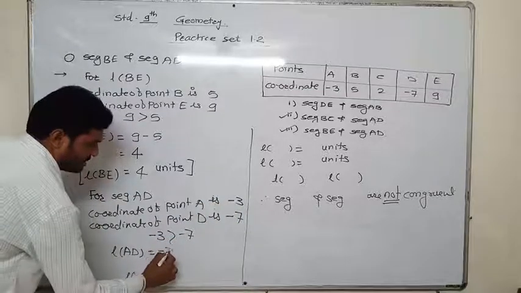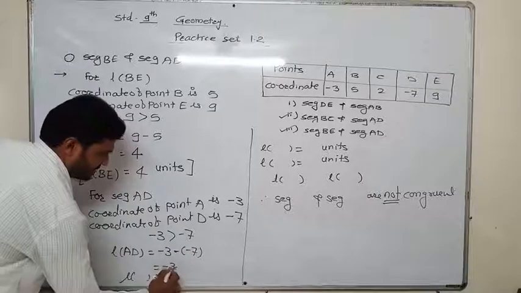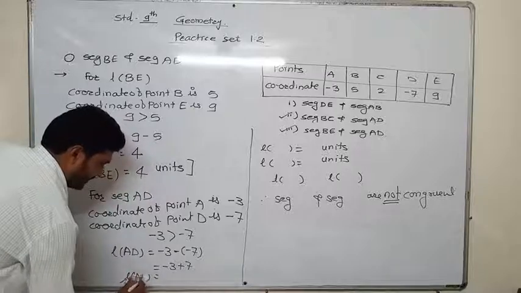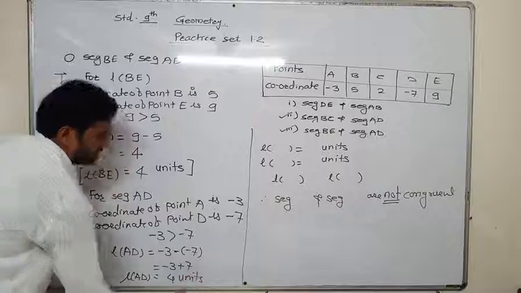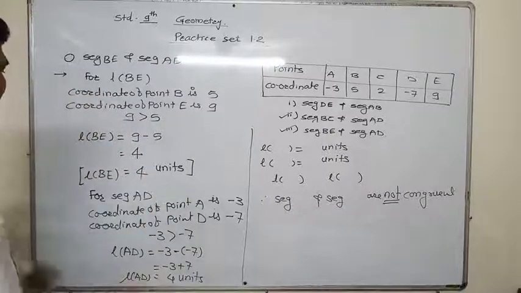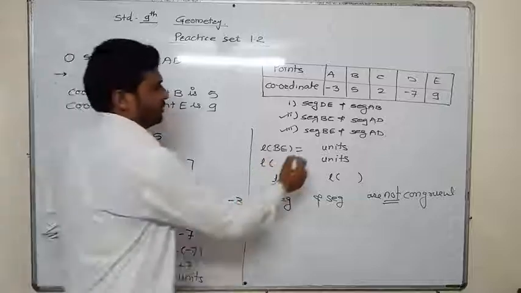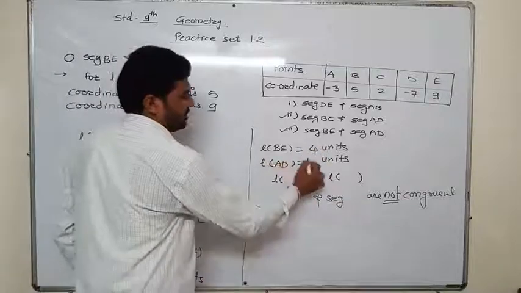So minus 3 minus minus 7 means minus 3 plus 7, so the length of AD is equal to 4 units. Here the length of BE is also 4 units and the length of AD is also 4 units.